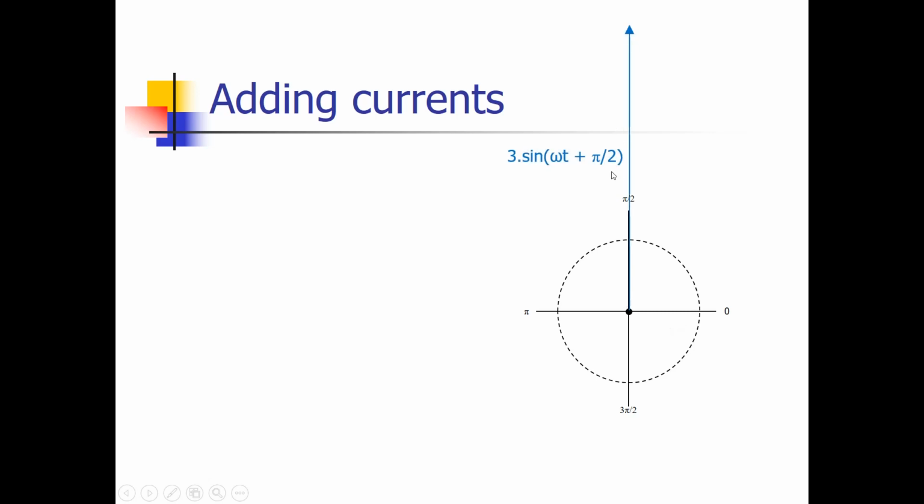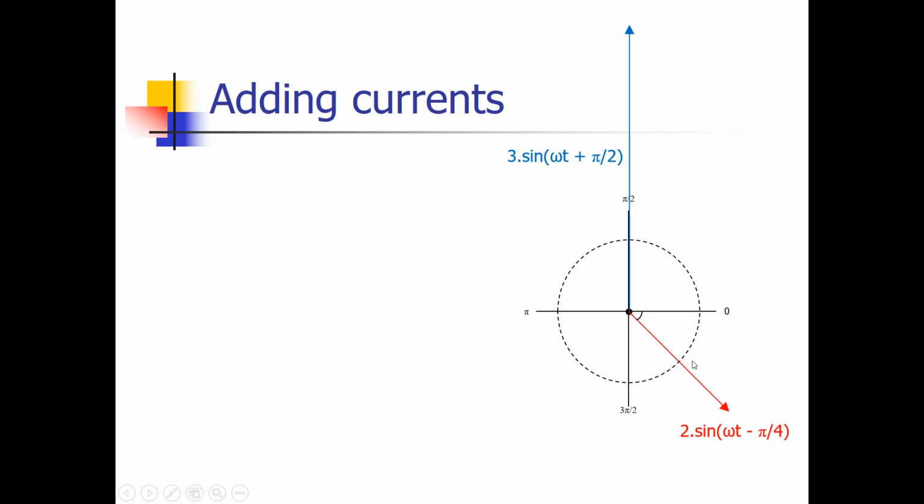This is my phasor for this expression, an amplitude of 3 and a phase angle of plus 90 degrees or plus pi over 2 radians. The other phasor is drawn over here, a length of 2 amps and a phase angle of minus pi over 4 or minus 45 degrees.